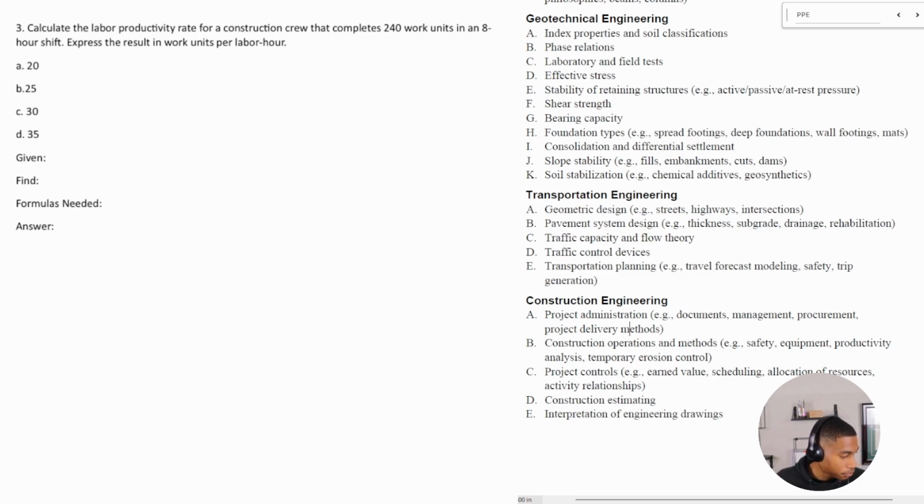We're given the amount of work units, and we're also given the labor hours.